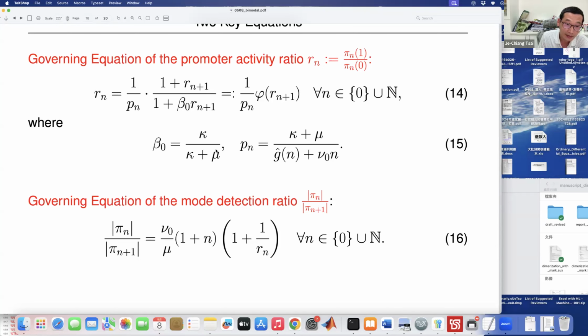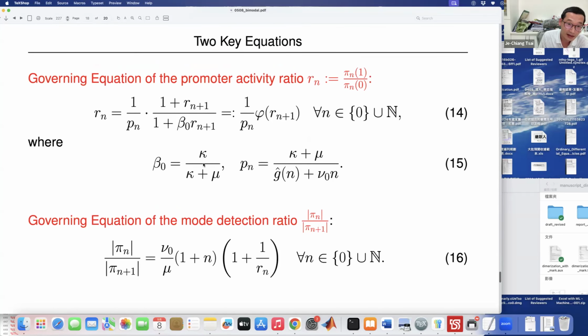Beta is a constant, the function Pn is also a constant, n is the protein number, and this is the activation function.